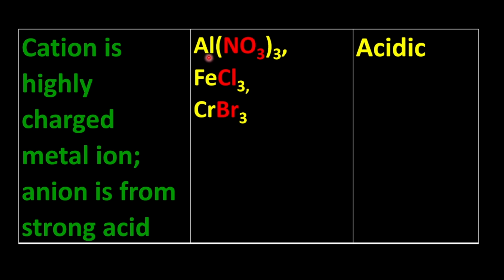If you take this one, aluminum here is not part of the ions that do not undergo hydrolysis. NO3- does not undergo hydrolysis. So automatically the reaction is going to be between Al3+ and H+ and OH-. But Al3+ will go in for OH-. So automatically you'll be left with H+, which indicates that it is acidic.